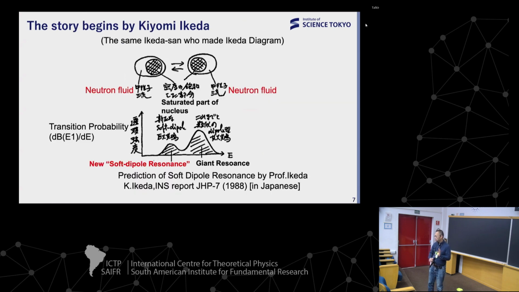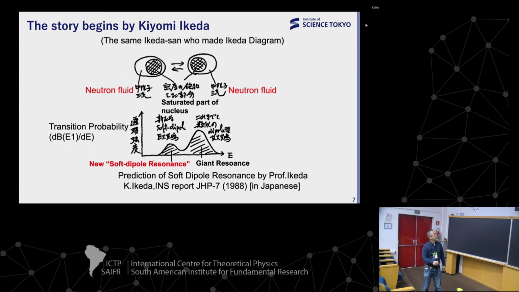This feature was first discussed by Ikeda-san, Kiyomi Ikeda. Maybe you heard this name because the same Ikeda-san made the famous Ikeda diagram for alpha clusters. This was written in Japanese, from some report called the INS report in 1988, many years ago. Maybe most of you were not yet born.